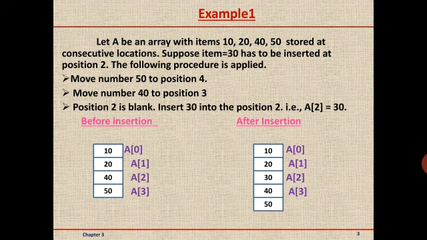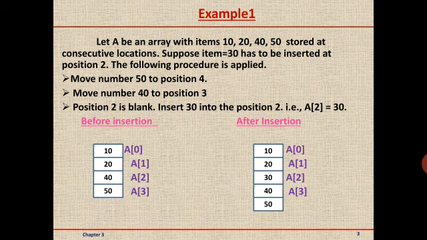So to understand this, let us learn the algorithm. Okay, so which algorithm we are learning here is inserting an element into the array. So step 1, for I is equal to n minus 1 down to p. Next is A[I+1] = A[I], and end of for. This is in step 1.